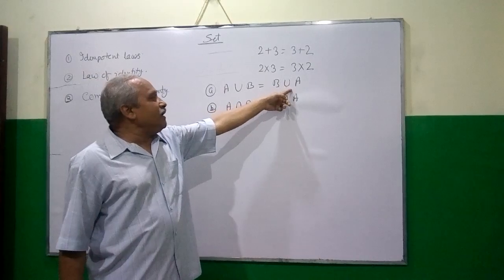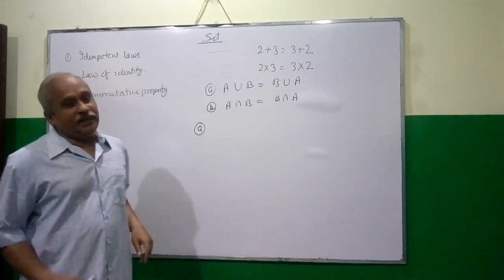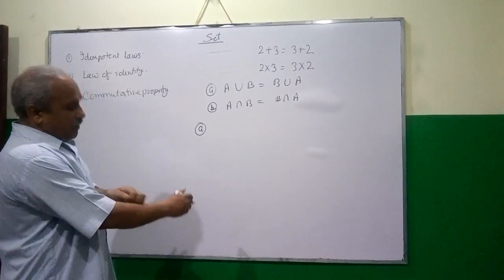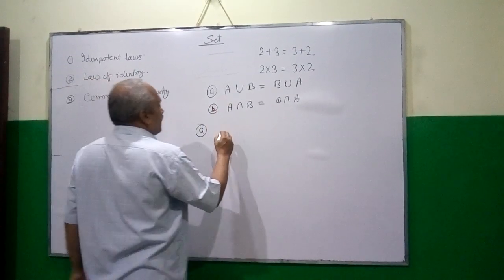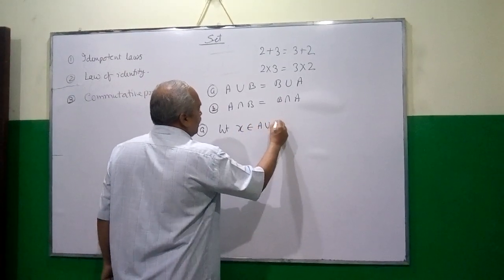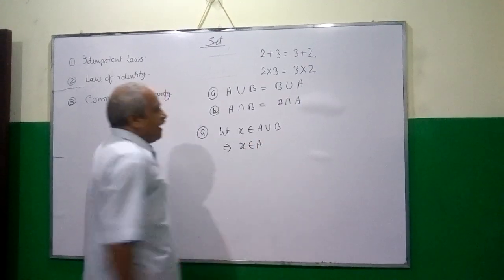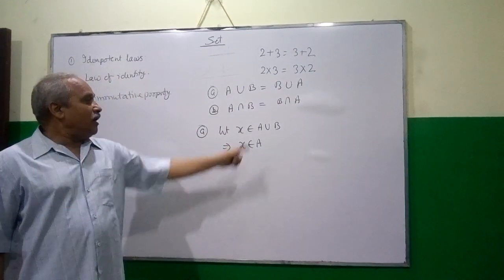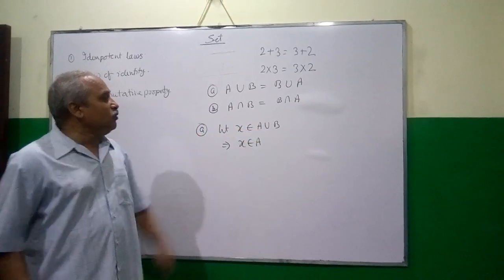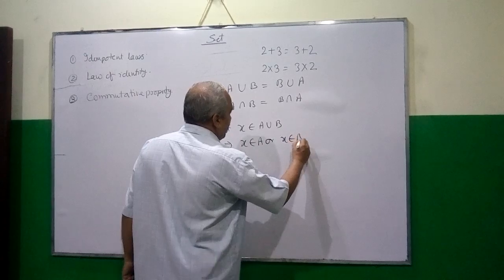So in this way, let x belong to A union B. This implies x belongs to A, or, as I told you, for union we use the word or, x belongs to B.